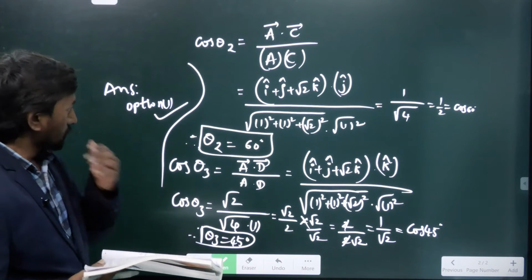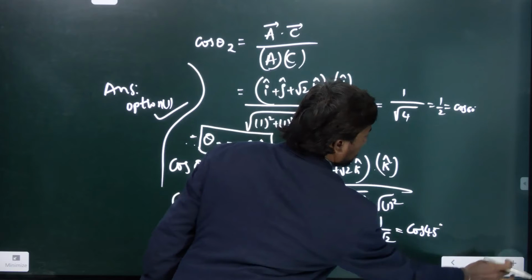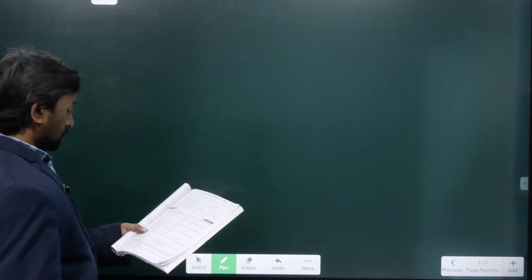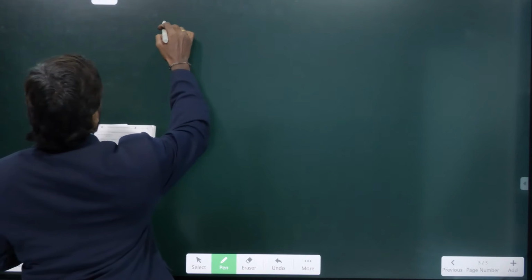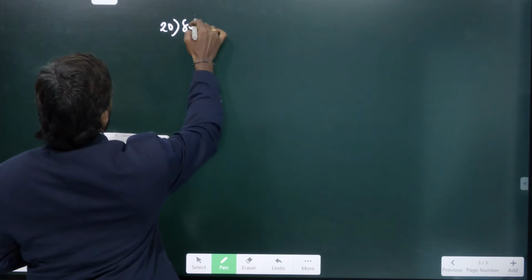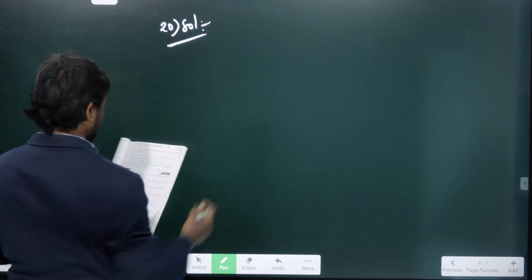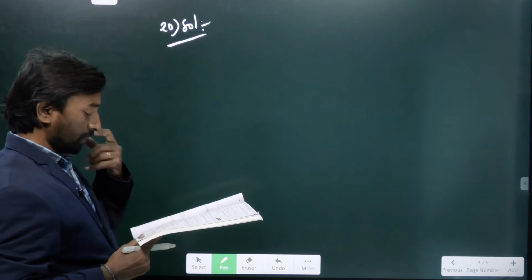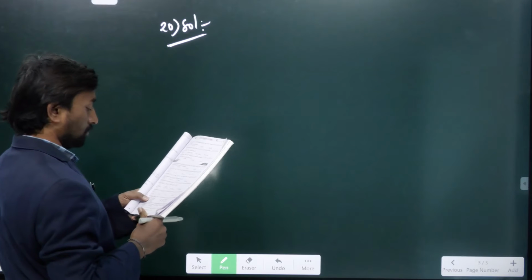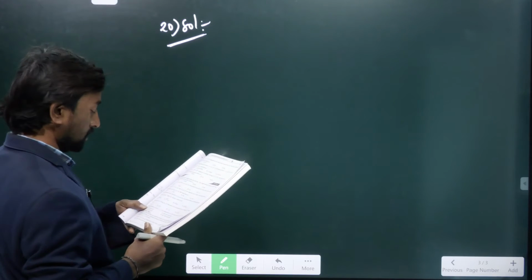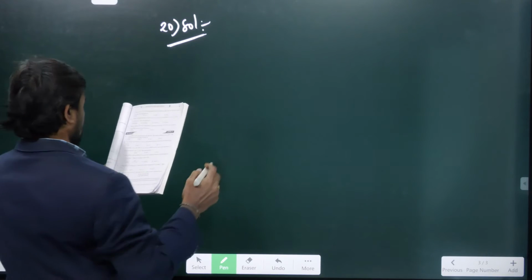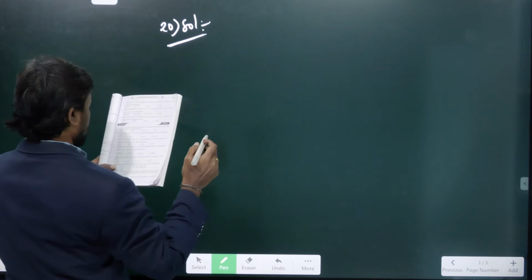Okay, so I'll show it in the diagram. The 20th one. A force of 1200 Newton acting on a stone by means of a rope slides it through a distance of 10 meters.